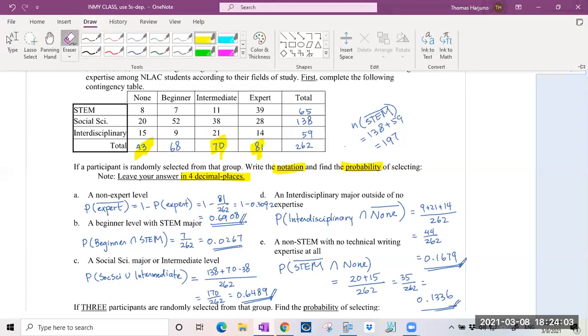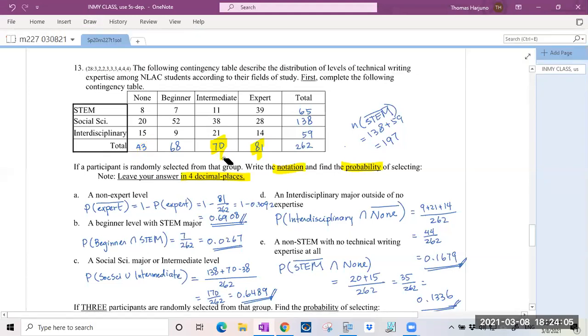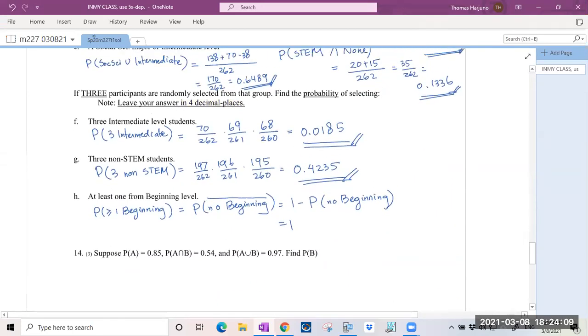Okay, so here it will be 1 minus 194 out of 262, not beginning, 193 over 261, not beginning, 192 over 260, not beginning.